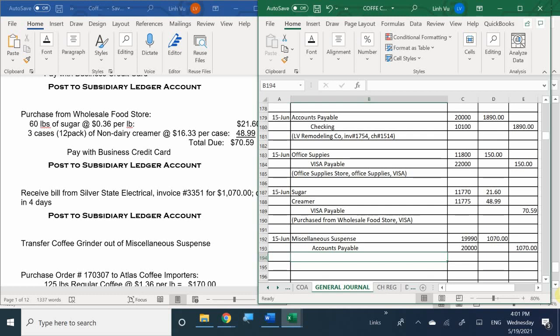Any notes for this transaction? The electrical, invoice 3351, net 4.